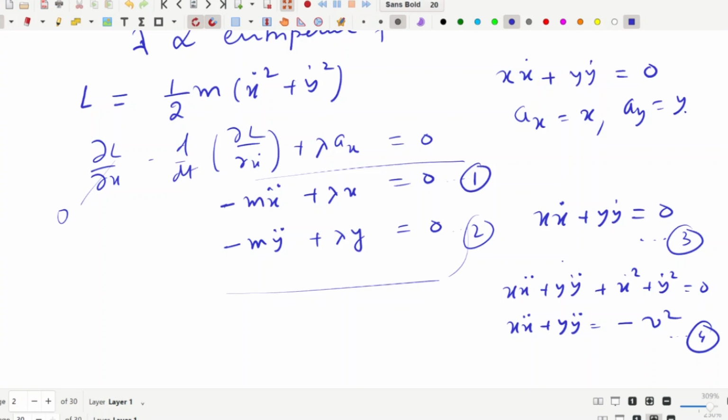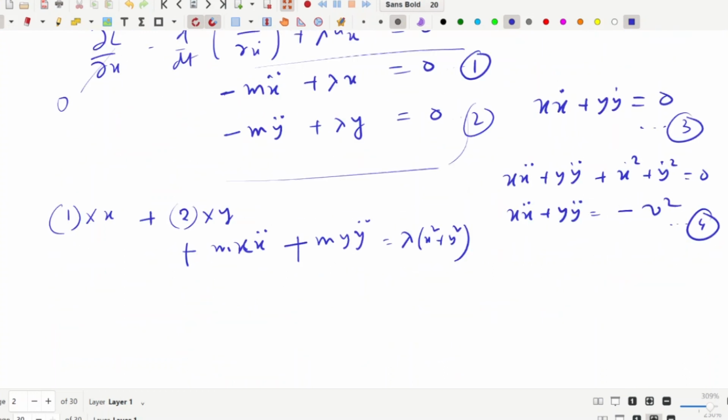To use equation 4, let me multiply equation 1 on both sides by x, and equation 2 by y, and we obtain −m(x ẍ + y ÿ) = λ(x² + y²).